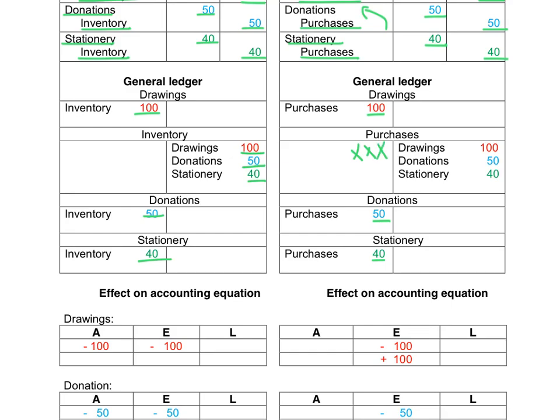So any goods that are purchased with the purpose of selling to make a profit will be recorded on the debit side of the purchases account, that is the expense. If we use any of these goods for another purpose, we have to reduce the expense on the credit side. So therefore, all those amounts will go on the credit side of the purchases account.